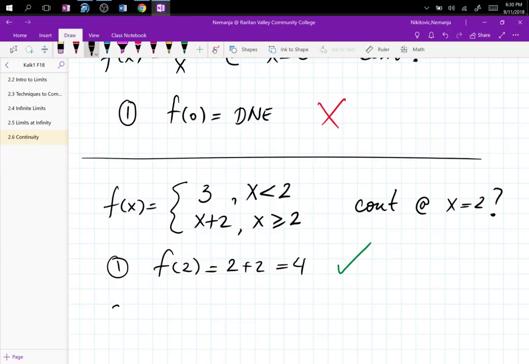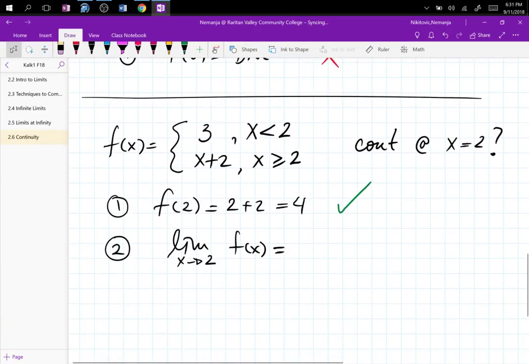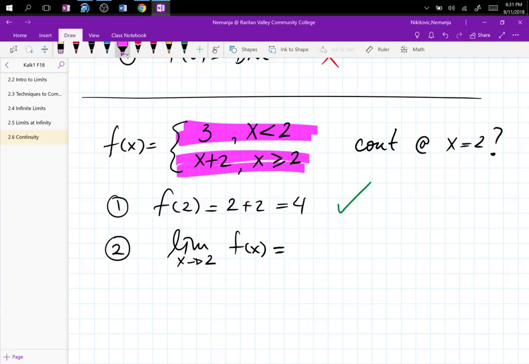Number 2. Limit as x goes to 2 of f of x. Well, what you have is a line for the approach from the left, and then another line from the approach from the right.